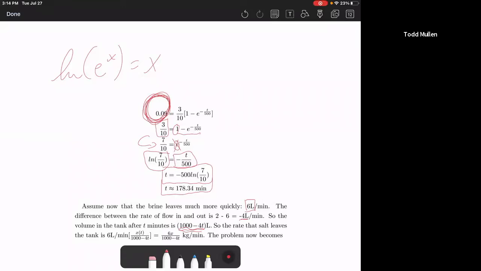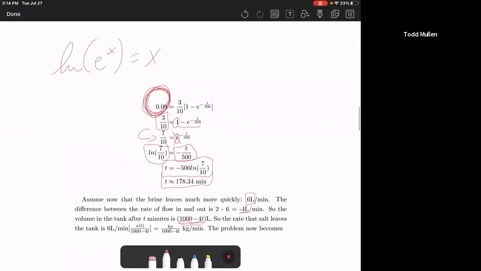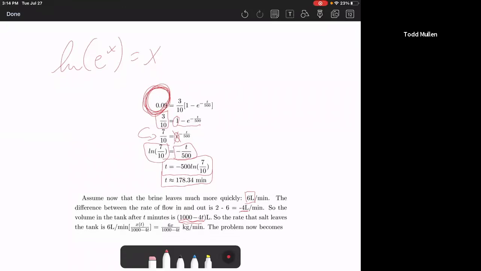So the rate that salt leaves the tank is 6 liters per minute times, not x over 1,000 anymore, but x over 1,000 minus 4t. So our new value here is 6x over 1,000 minus 4t kilograms per minute.